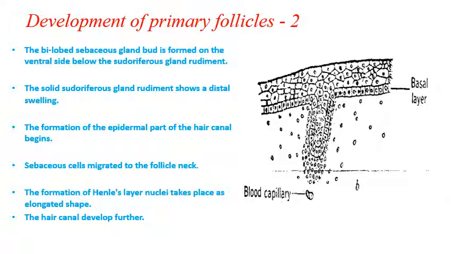Then sebaceous cells migrate to the follicle neck, that is towards the upper part. Then formation of Henle's layer nuclei takes place in an elongated shape. Then the hair canal develops further. So this is how the second stage grows, and it develops the hair canal, and we will go to the next stage.